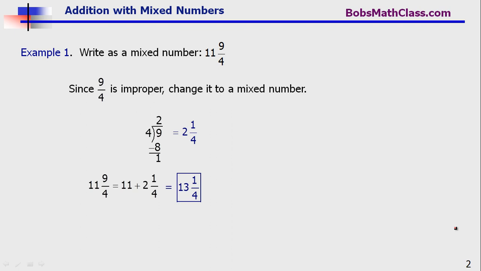I said earlier on the previous slide that it was a sum of a whole number and a proper fraction. There's no sign in between, but it is a plus. Sometimes people think, oh, that means multiplication. It's not 13 times 1/4, it's 13 plus 1/4, but we don't write the plus sign in this format. So it's 13 and 1/4.